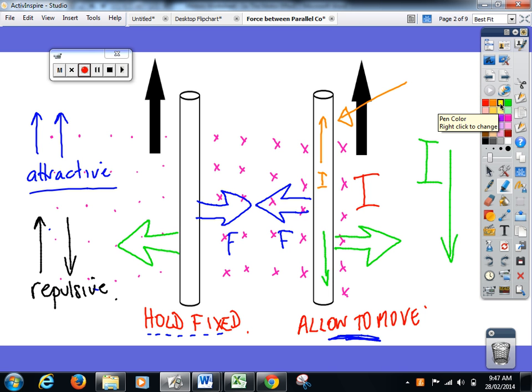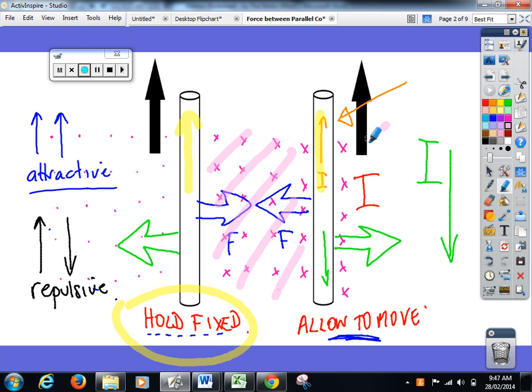Apart from drawing the two wires with the same current in the same direction to go with first, you must indicate one is held fixed. It's from that held fixed wire that you would then be able to work out the magnetic field.